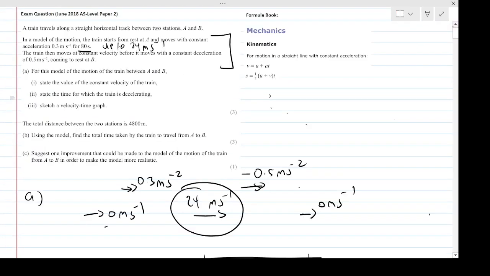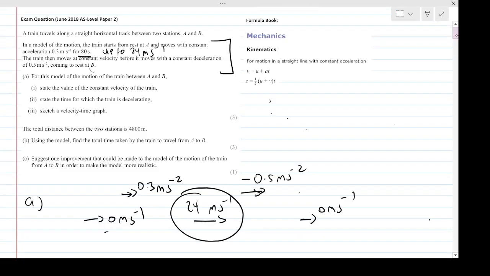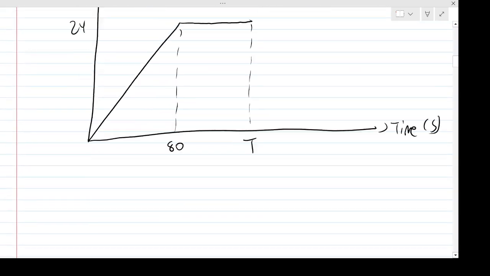The second part of the journey is the train moves with constant velocity. It doesn't specify how long for. Remember, constant velocity just flat lines at the same speed of 24. I don't know what time that is, I'll just call that T. Then it moves with constant deceleration, so it goes down from 24 to 0.